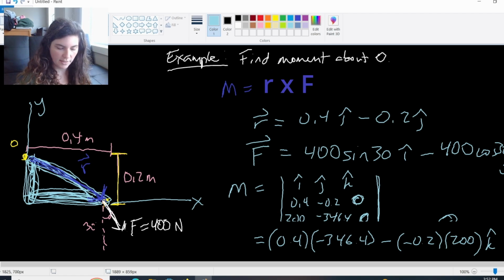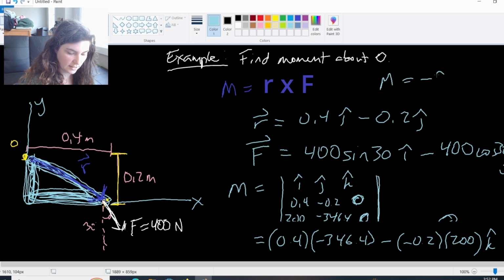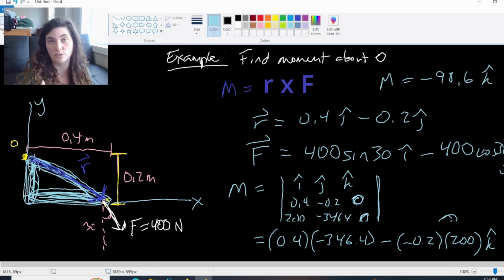So when I punch all of that in, I find I do get the same answer that we got from scalar analysis, right? A moment of negative 98.6. Now I just have the k hat direction, right? So I know from the k hat direction, that's the positive moment axis. If I point my thumb in the direction of the moment axis, k hat direction, I'm going to find it's going counterclockwise.